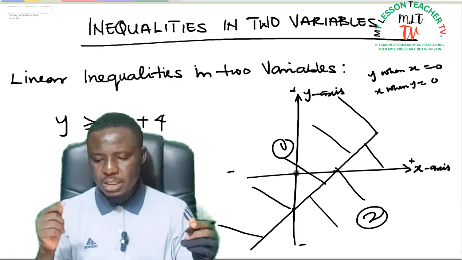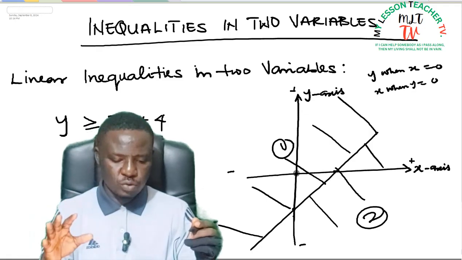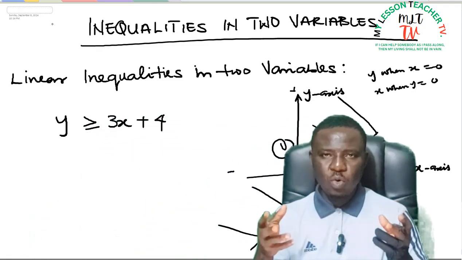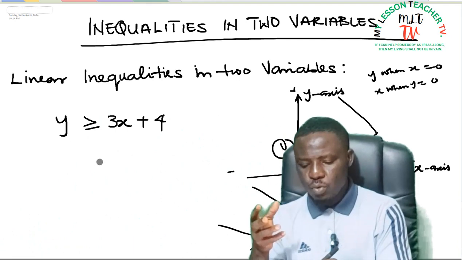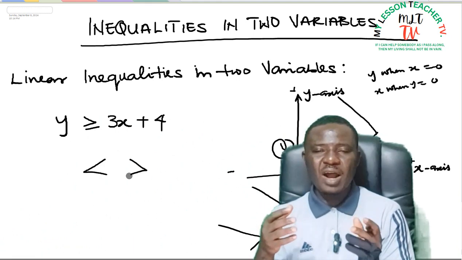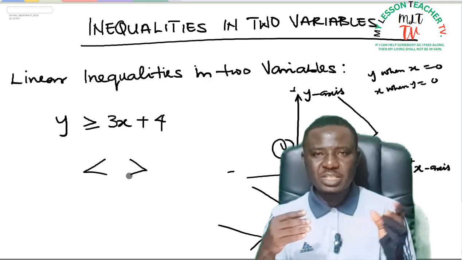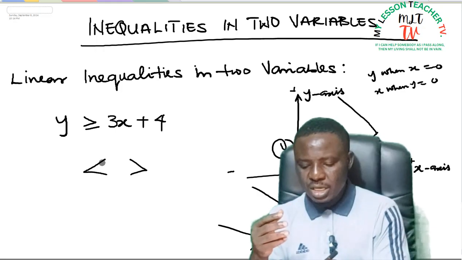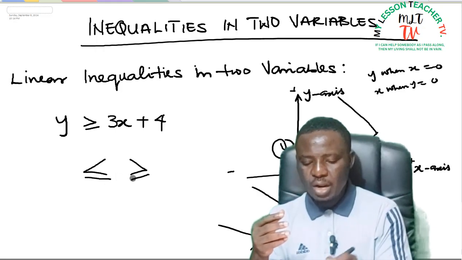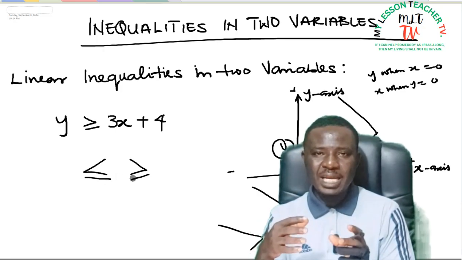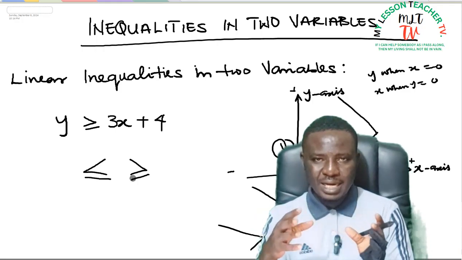Also, in linear inequality in 2 variables, when we have strict inequality, for example, greater than or less than, the graph is a dashed line. If the inequality is not strict, that is, less than or equal to, greater than or equal to, the graph is a solid line.